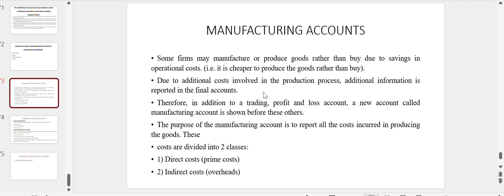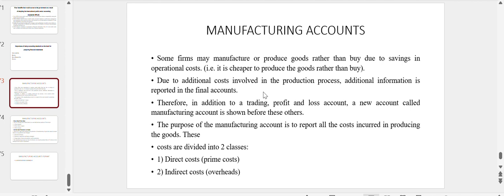Apart from the materials, you need labor. These are now the manpower that will be required in the production process. And we normally have what we call direct and indirect. So for direct labor, these are manpower that can be attributed directly to the production process.